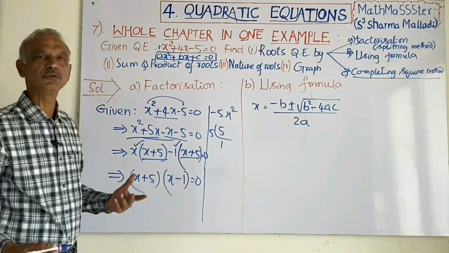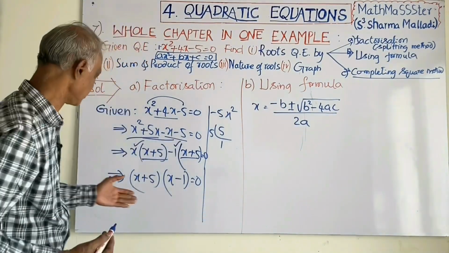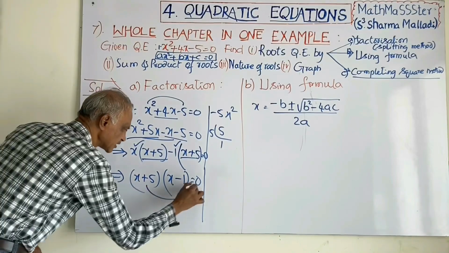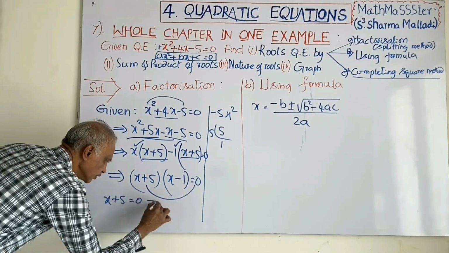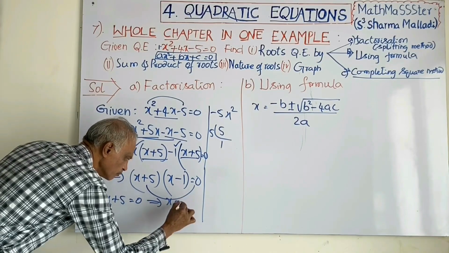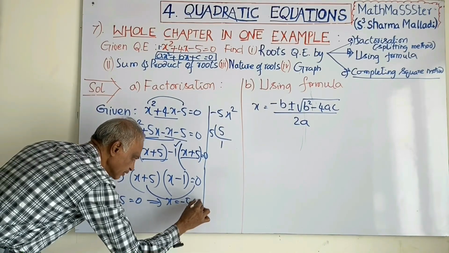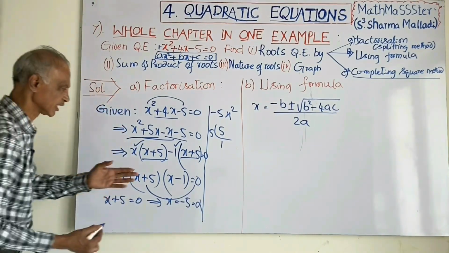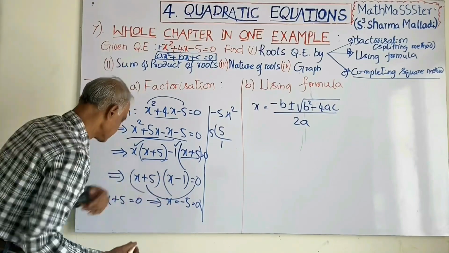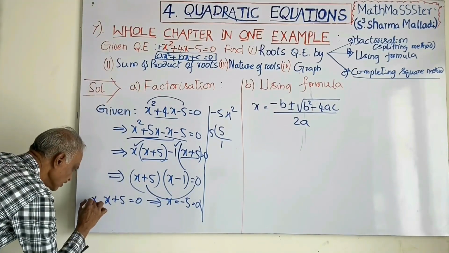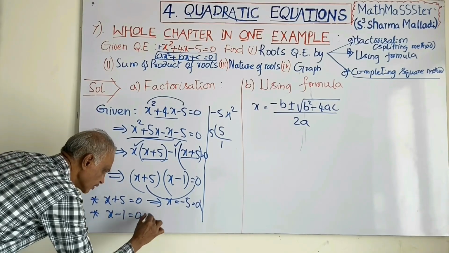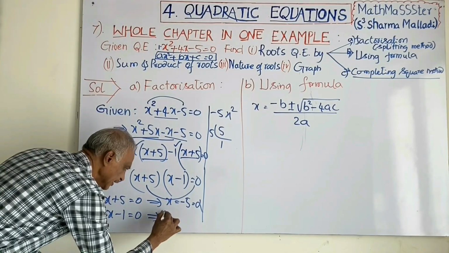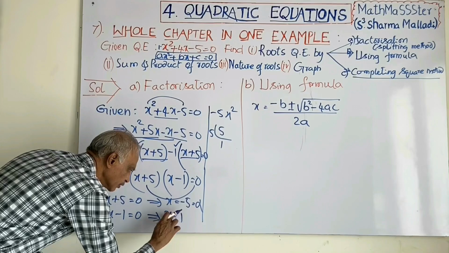As you got two linear factors, you have to find the value of x. You take x plus 5 is equal to 0, you will get x is equal to minus 5. That is denoted by alpha, or x1. Another root: x minus 1 is equal to 0 and x is equal to 1 you got.